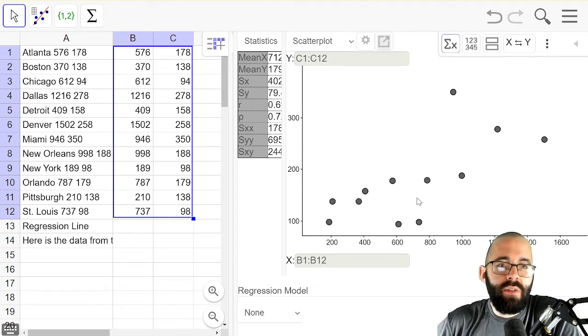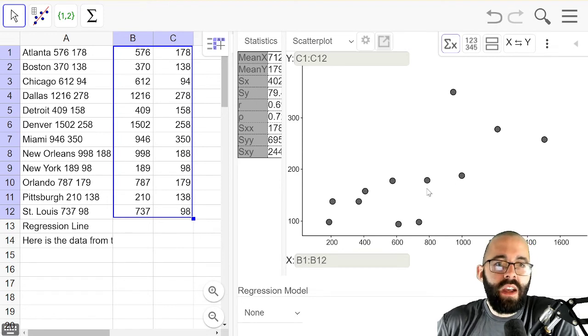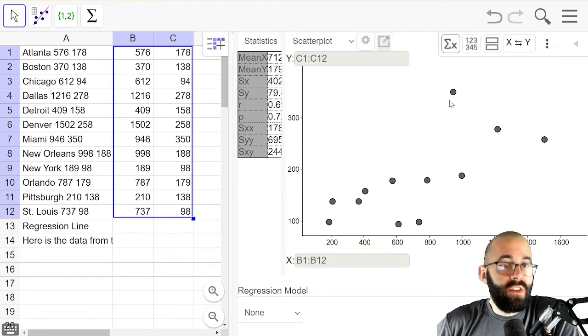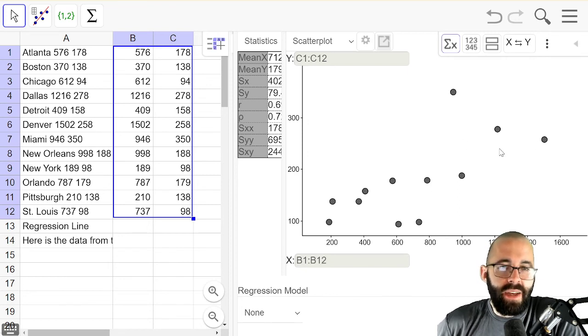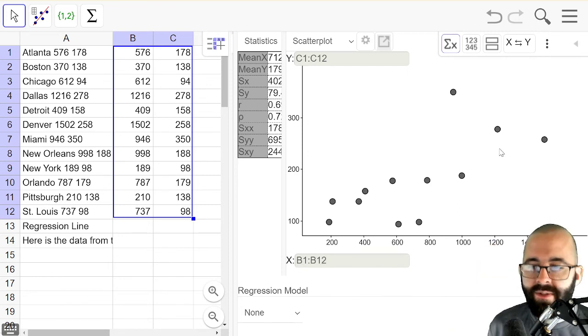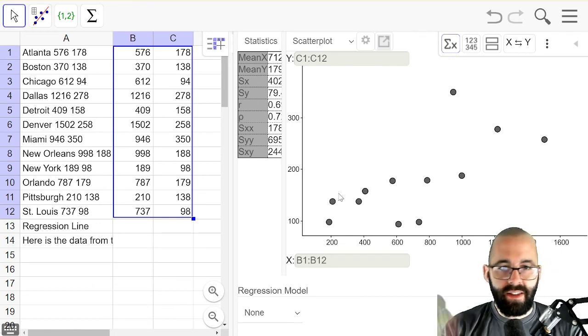So about 48% of the differences in cost can be explained by the distance traveled by the flight. Maybe this one down here, this one down here, and this one down here can't be explained, and there's maybe a couple that partially can't be explained. Okay, and that's one way of tying these terms together.